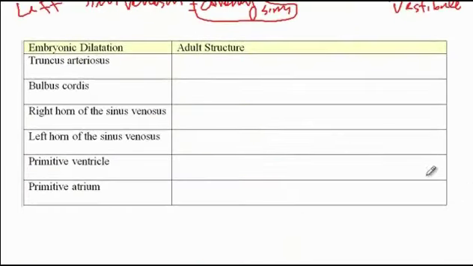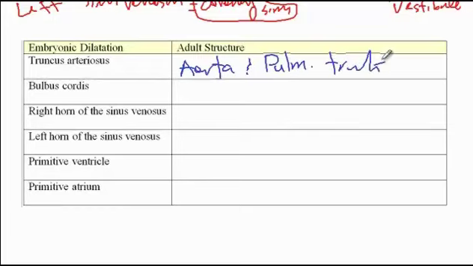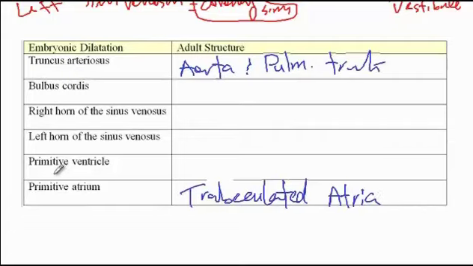So as we discussed, truncus arteriosus gives rise to aorta and the pulmonary trunk. Primitive atrium gives rise to the trabeculated portion of atria, versus primitive ventricles, which gives rise to the trabeculated portion of the right and left ventricles.